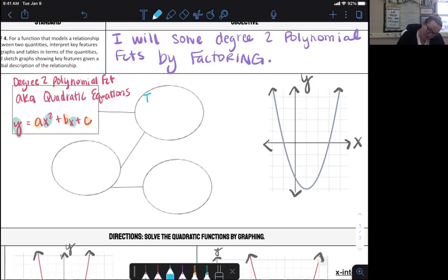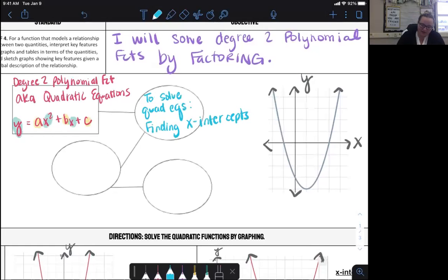So to solve, I'm writing to solve as one word. To solve quadratic equations, what I really mean by that is you're finding the x-intercepts. So we're finding the values of x when y is 0.